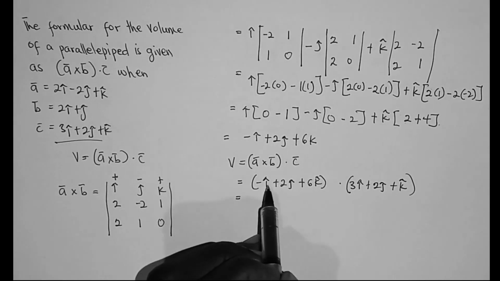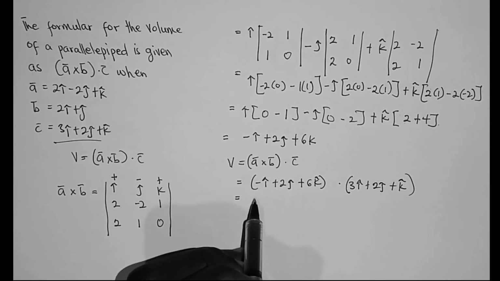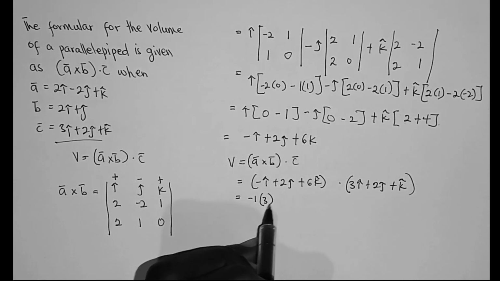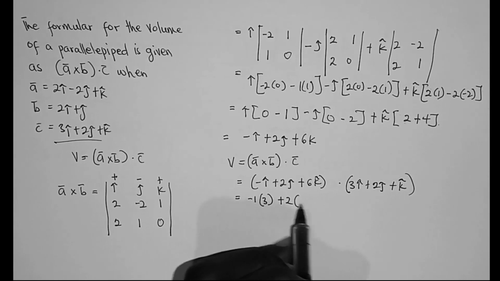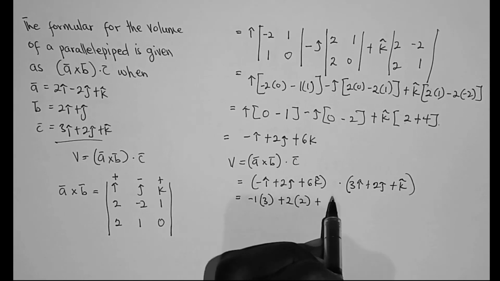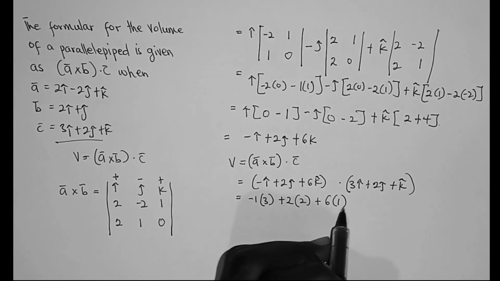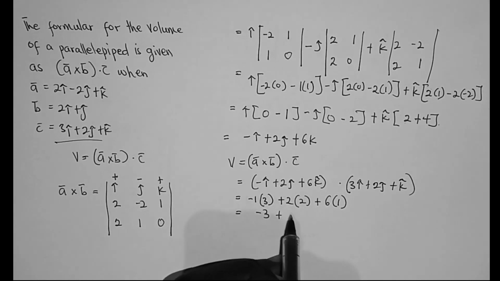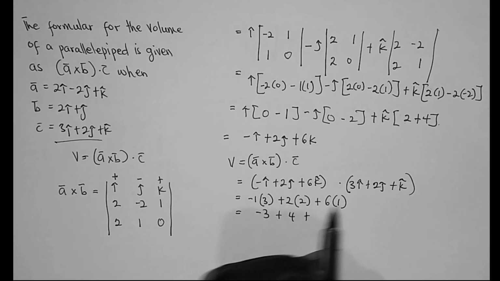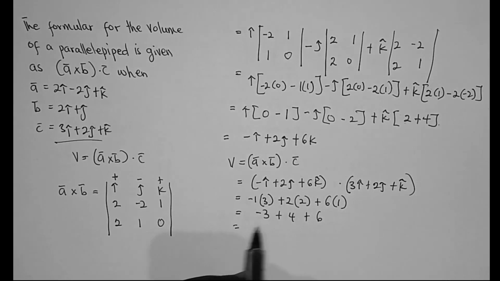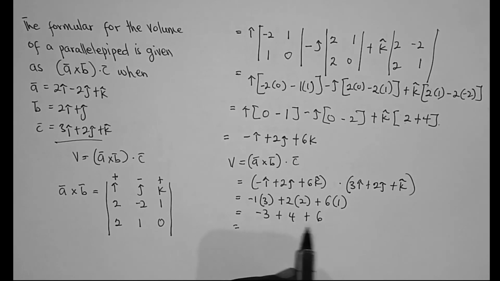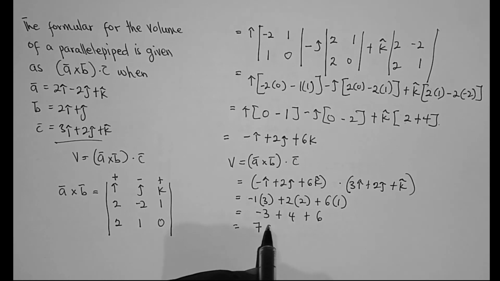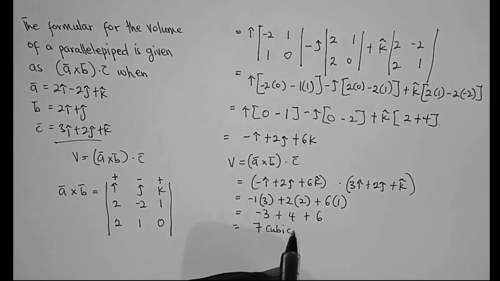So you multiply the corresponding components: minus 1 times 3, plus 2 times 2, and plus 6 times 1. This is equal to minus 3 plus 4 plus 6. Minus 3 plus 4 is 1, 1 plus 6 is 7. So the volume is 7 cubic units.